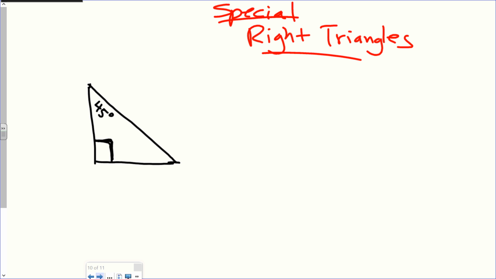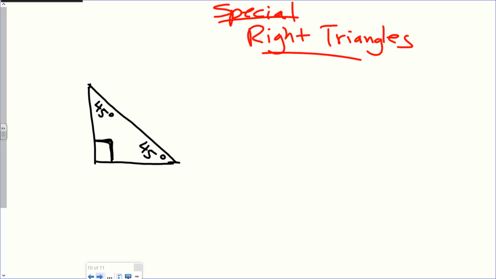Have to be. It's just the nature of reality. So we got a 45-degree angle here, that acute angle, and a 45-degree angle. This is 90 degrees. If you add them all up, they equal 180. We already know that from about a month and a half ago. All the angles of the triangle have to be 180.